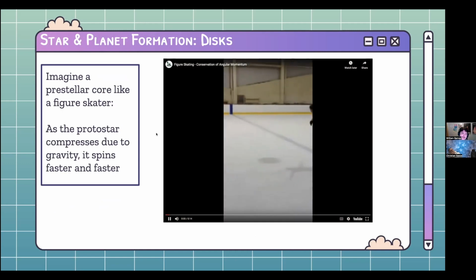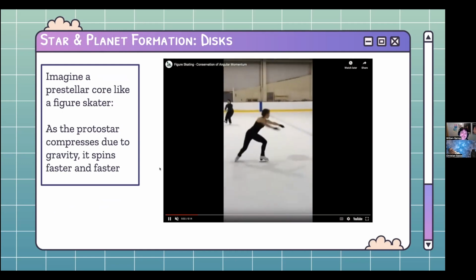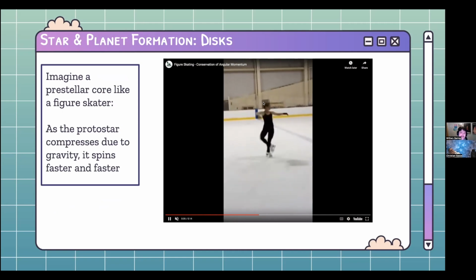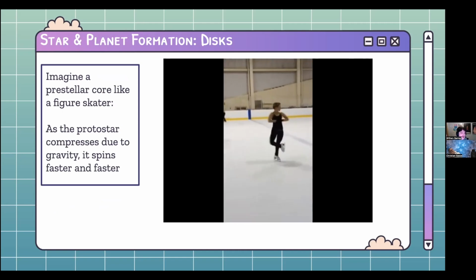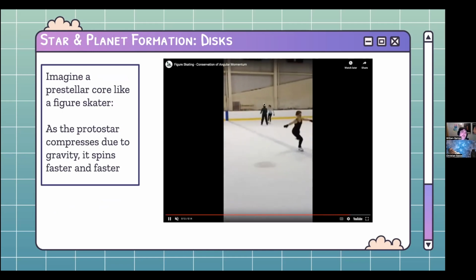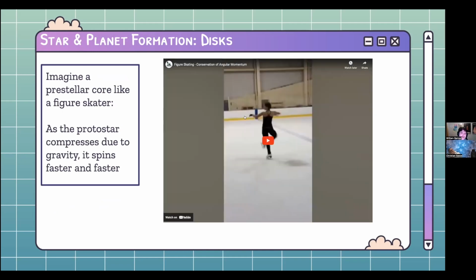But if you imagine that your dense molecular core is a big figure skater with their arms out wide, as you contract that core inwards, right, as you shrink the scale, in order to conserve angular momentum, you have to speed up the rotation. So as this protostar compresses, it spins faster and faster.